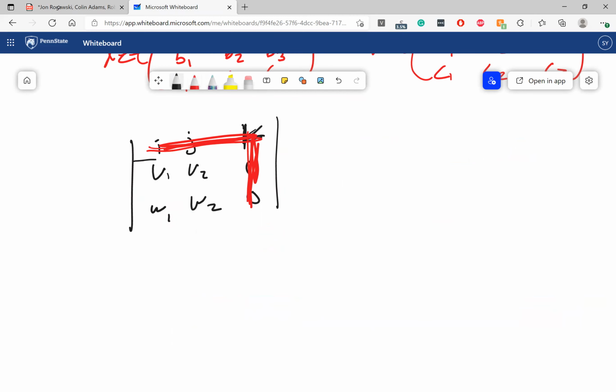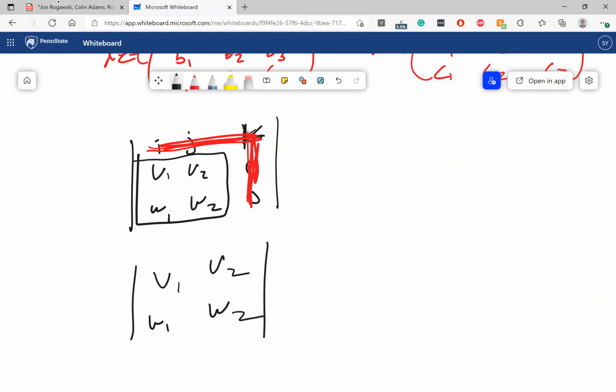So it's this matrix over here. V1, V2, W1, W2. Well, that's when I take this determinant and I put a k here, but I'm of course taking the magnitude of this.